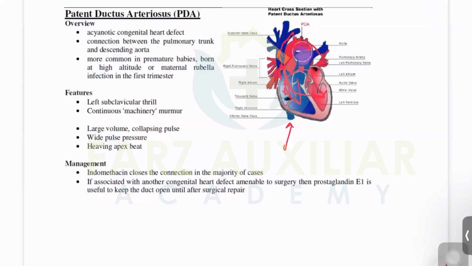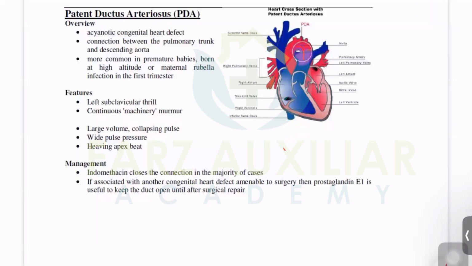The blood that goes into the pulmonary artery will not go anywhere because the pulmonary resistance of the lungs' blood vessels is very high in the intranatal period. So this blood is shunted from the pulmonary artery into the aorta through this blood vessel. Can you see here?